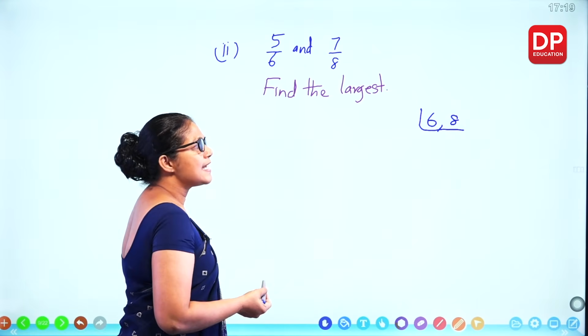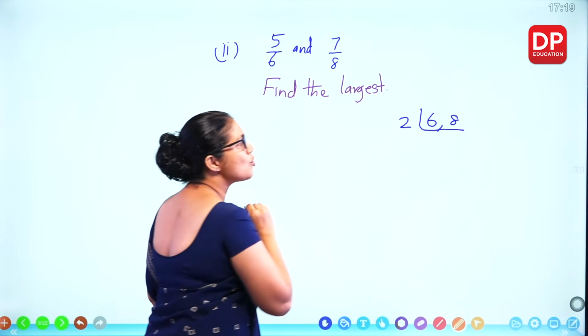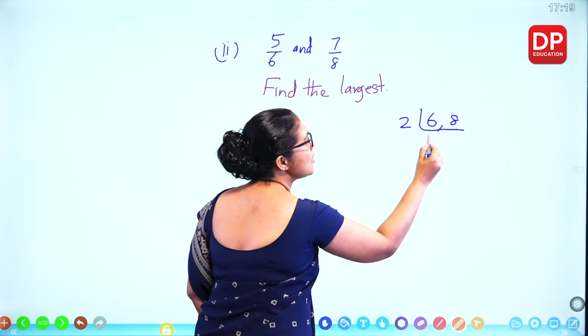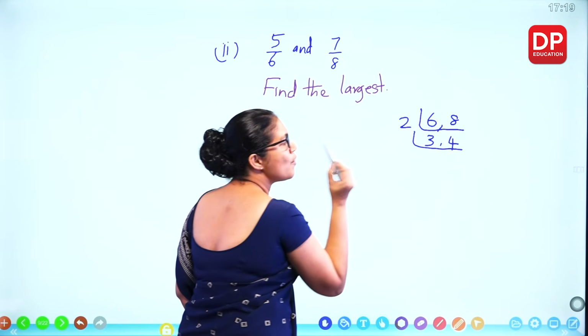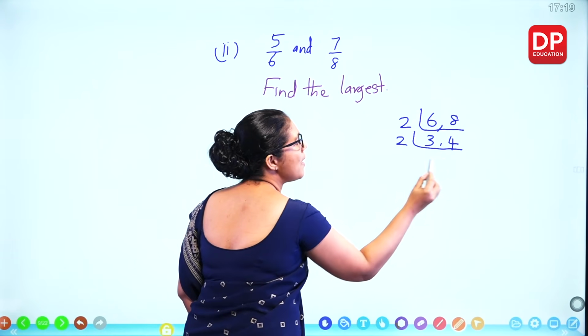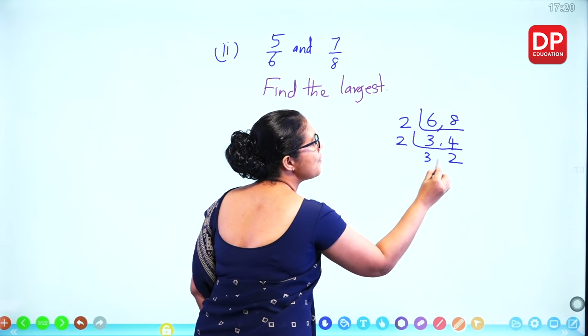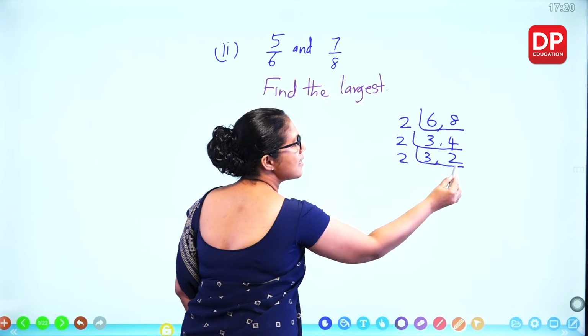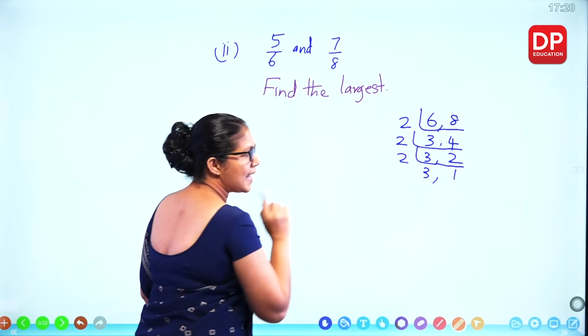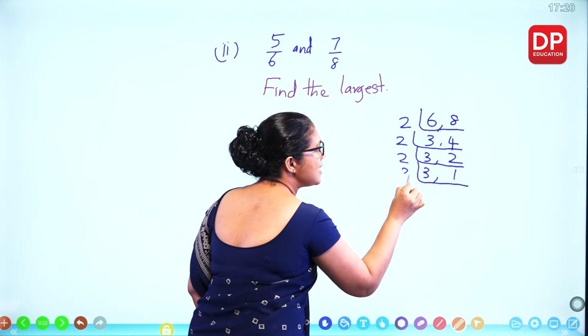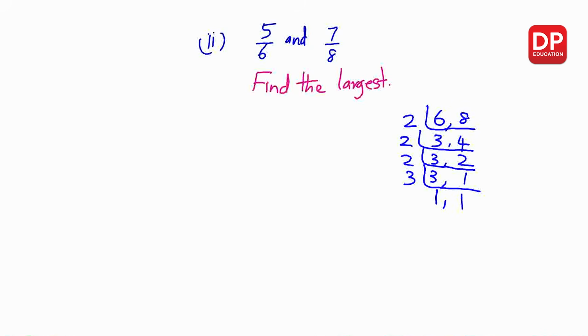Again, 6 and 8. We can see 2 is common, divide by 2. 3 and 4. Again, 4 is divisible by 2, so you can divide by 2 here. 2 and 3. Again, 2 is there, you can divide by 2. Now we can see 3 is there, so that means we can divide by 3, and till you get ones, you have to divide.